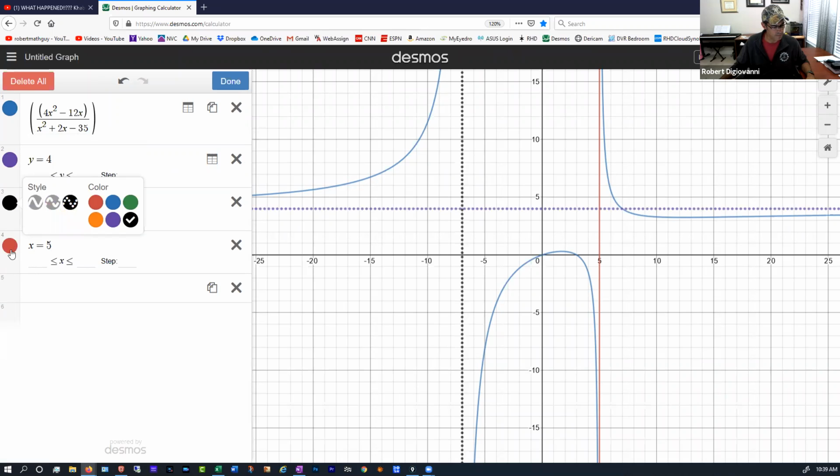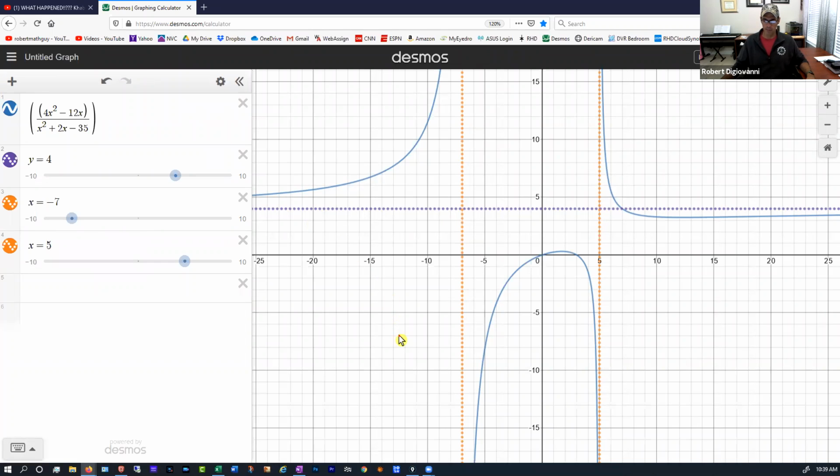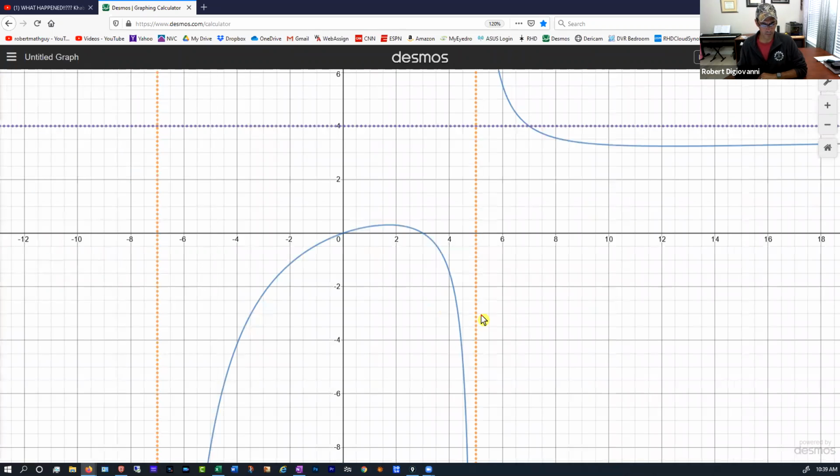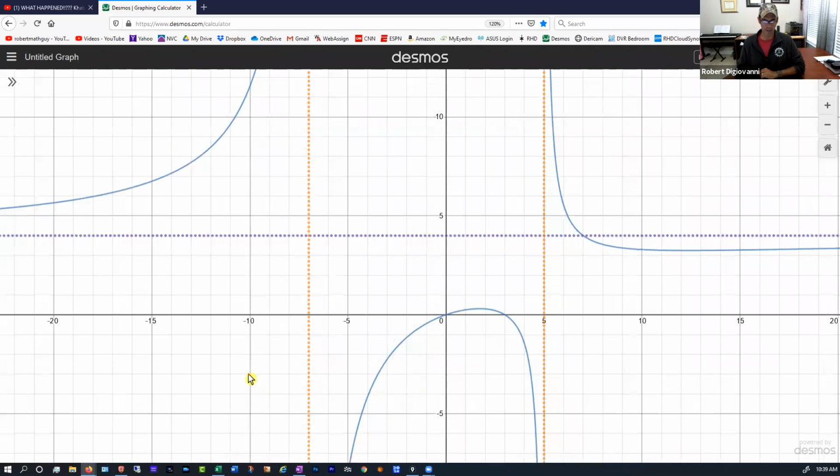This to dotted and orange. This to dotted and orange. There we go. So now you can kind of see we have our 2 verticals. There. That's the true graph.